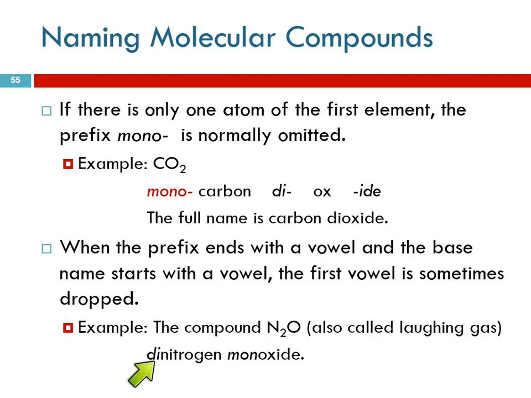N2O, dinitrogen, because there's 2 nitrogens, and monoxide, but we drop the O. And what you'll see is sometimes it's dropped and sometimes it isn't. I think personally that this looks silly. It reminds me of cows somehow. Monoxide, it looks weird. So the O is dropped. So what you'll see is sometimes that vowel's dropped, sometimes it isn't. But I won't try to trick you on that.